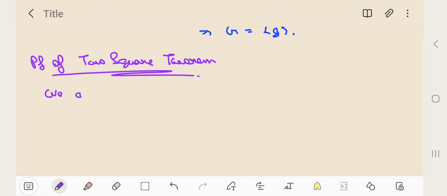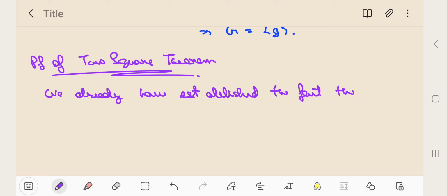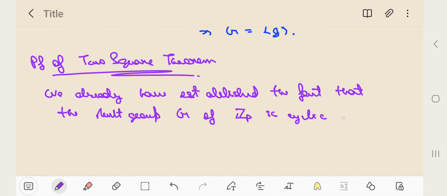We have already established the fact that the multiplicative group G of the field Z_p is cyclic and has order p minus 1.